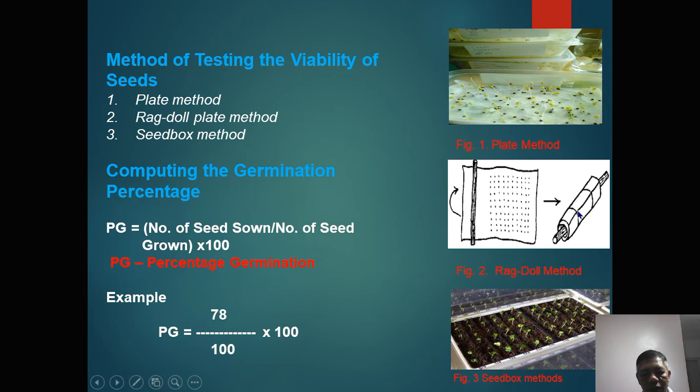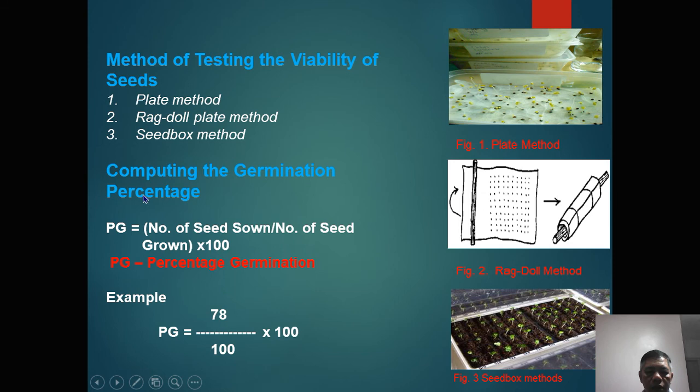You will also place this in a cool, dry place, and after 3 days you will open this, and of course you can see that there are seeds germinating. Upon opening, you will count the number of seeds grown, and the percentage of germination will be computed.